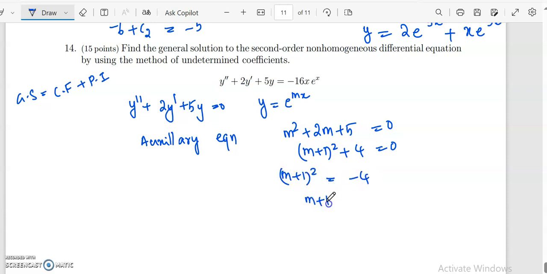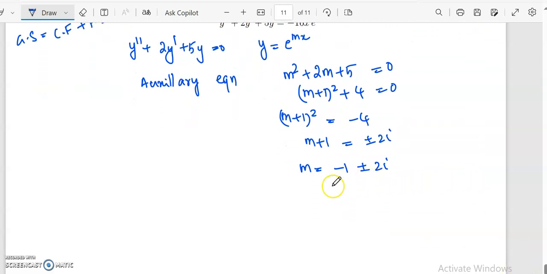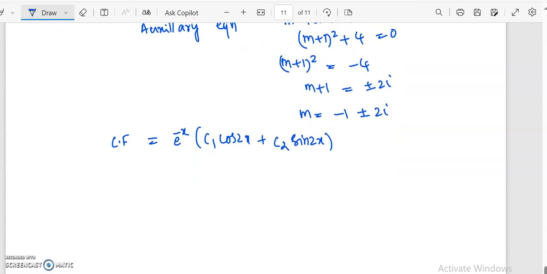So we'll get m plus 1 equal to plus or minus 2i. So m will be minus 1 plus or minus 2i. So the roots are complex. So here the complementary function will be e raised to minus x, c1 cos 2x plus c2 sin 2x. So that will be the complementary function.